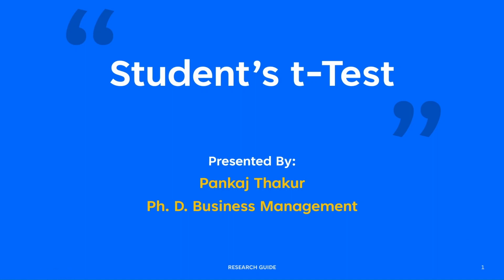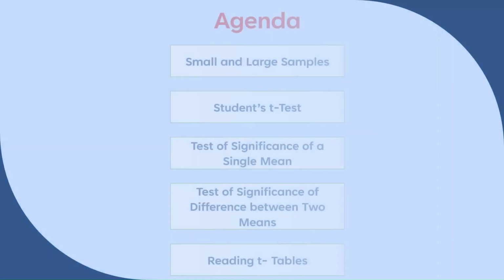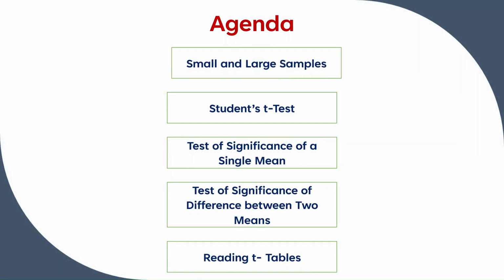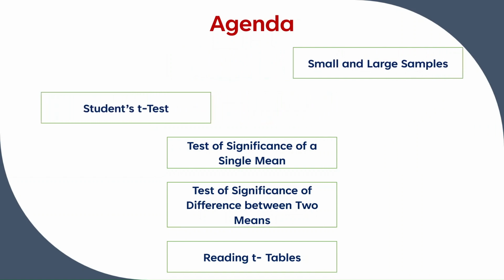I am Pankaj Thakur. Today we'll discuss the student t-test in detail, which is a parametric test of hypothesis testing for small samples. Specifically, I will discuss small and large samples and an introduction to the student t-test, why this test is performed, and steps in applying the t-test.